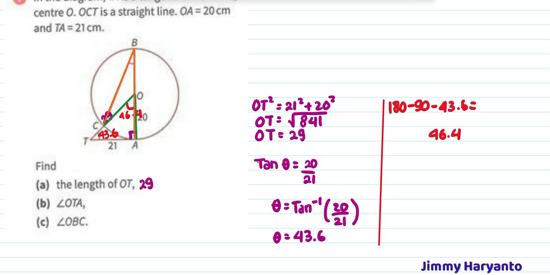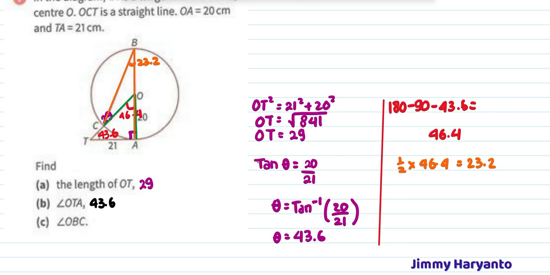That means the angle will be half times 46.4 equals 23.2. So this one is 23.2. Okay, so OTA equals 43.6, OBC equals 23.2.